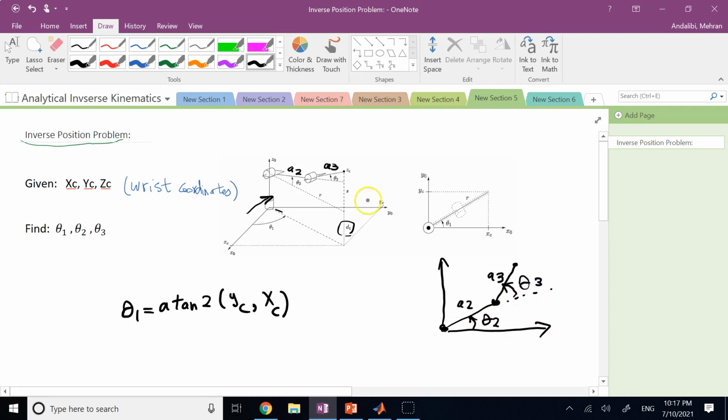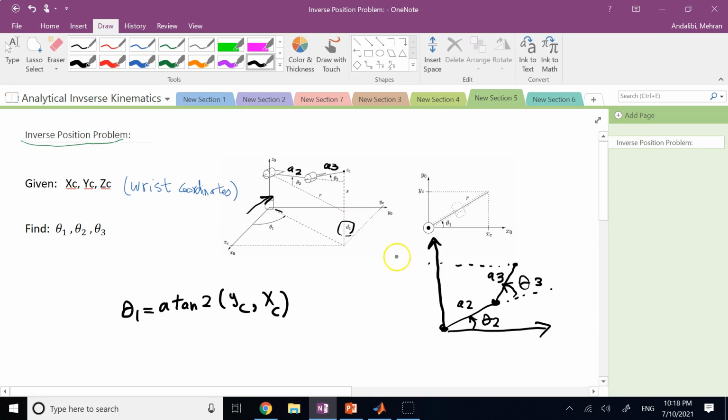And what are the axes? The axes are not X and Y. One of them is the R axis, the other one is the S axis, where S here, this point is, if you look at it, z of c, this whole thing, minus what? d1.